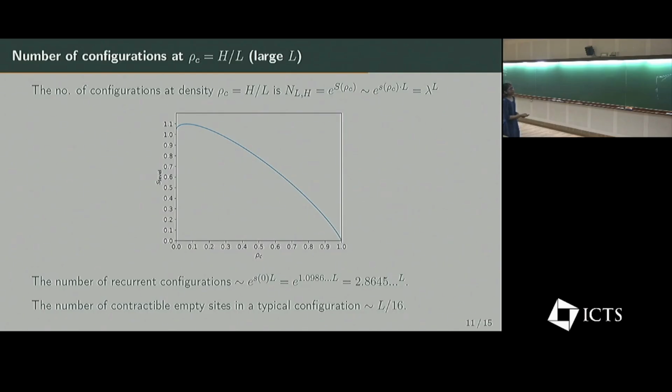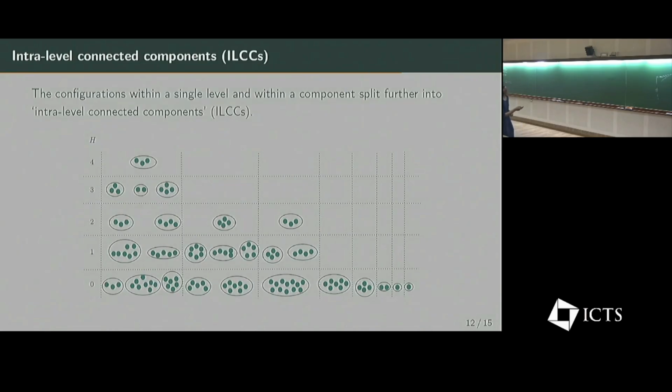We see that the number of recurrent configurations, the exponential of this number here, grows as e to the 1.0986 times L. One can also show that the number of contractible empty sites in a typical configuration grows as L by 16 for large L.